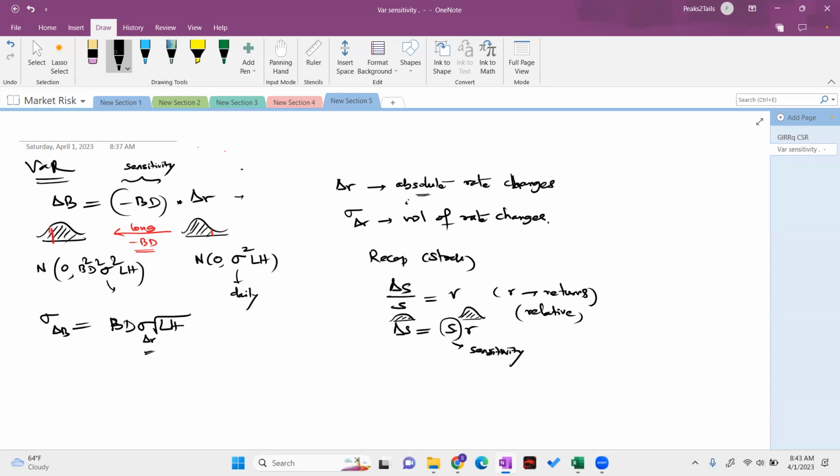Then from the arithmetic return time series, find the volatility sigma. That goes into VAR calculation. In case of bond, it is the sigma of the daily rate changes. Simple change, not relative, absolute changes. Any questions on this? This is very, very simple, but very important. People get confused all the time.